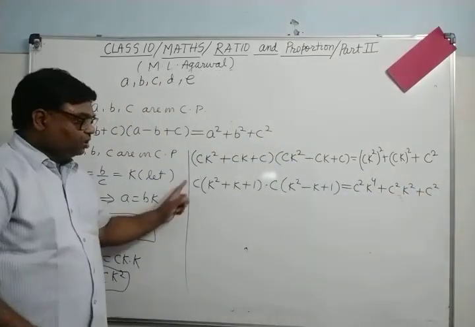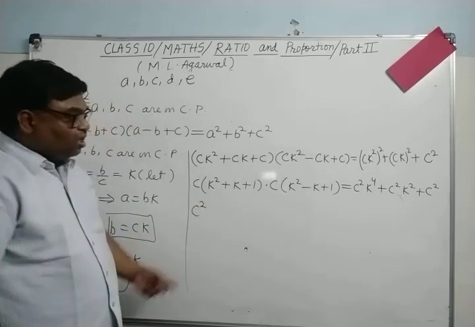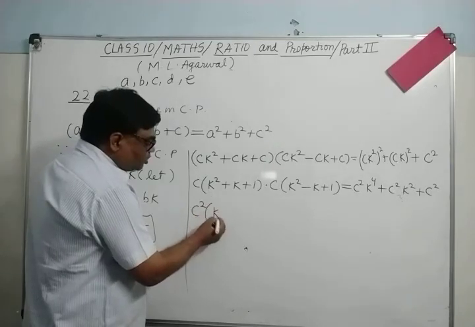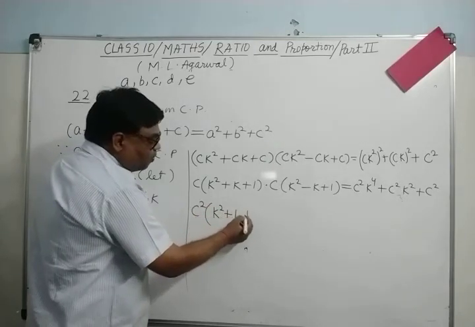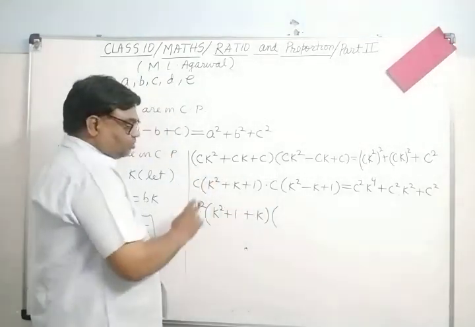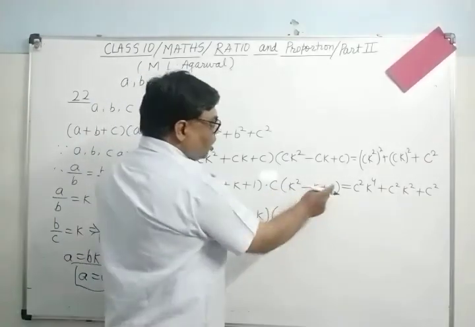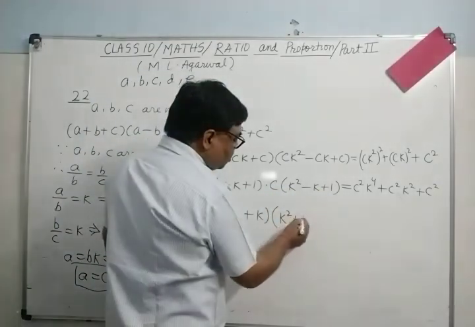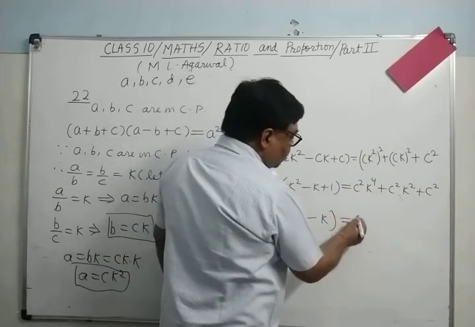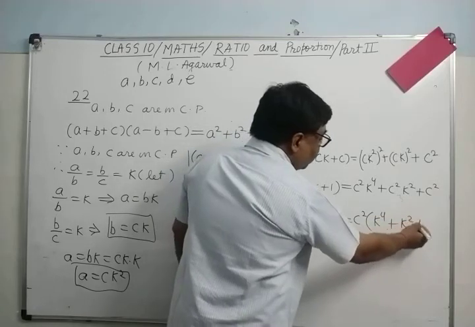Now you see here C into C, C square. Now you write it in this form: K square plus 1 plus K. And in the other bracket you rearrange the terms: K square plus 1 minus K. Here you take out C square common, and you get K power 4, K square plus 1.